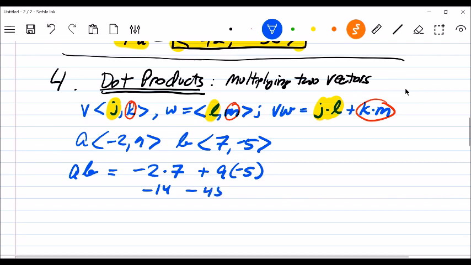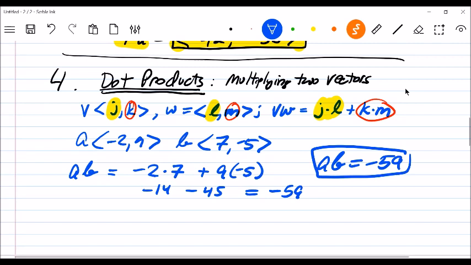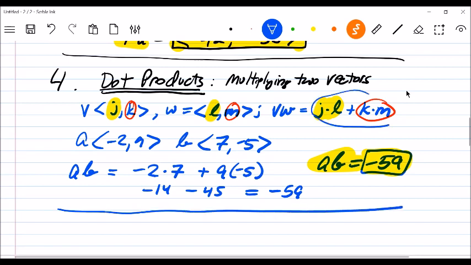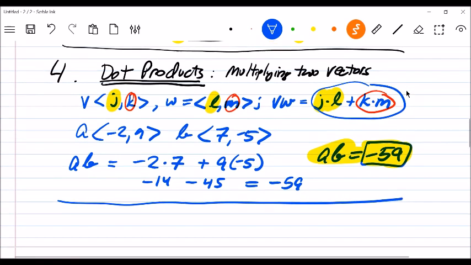I started saying 35, which means we get an answer of -59. So A dot B equals -59. And we just want the number, the dot product. So following that pattern, you can get the dot product.